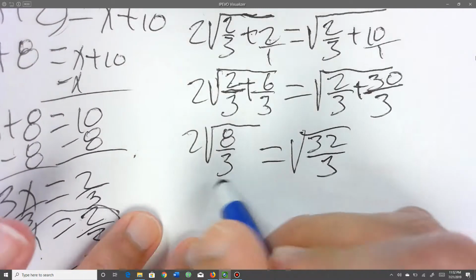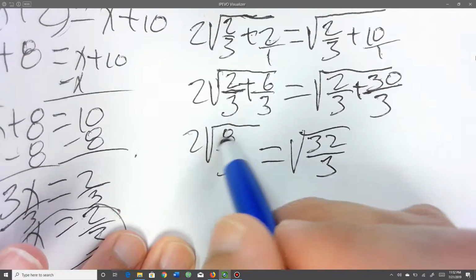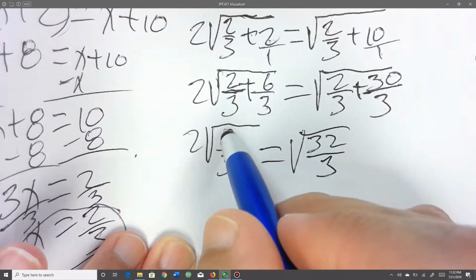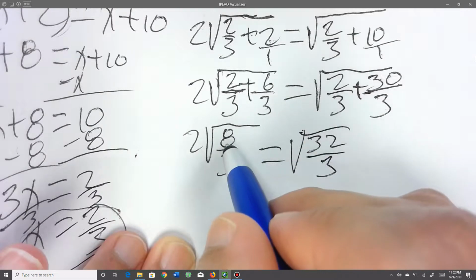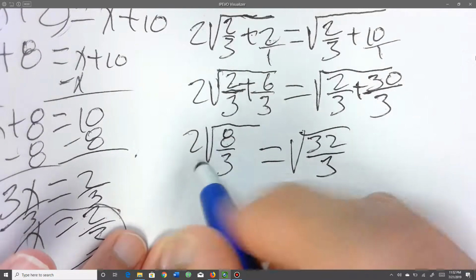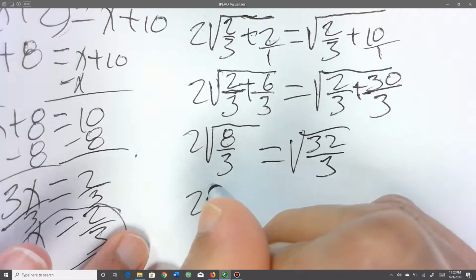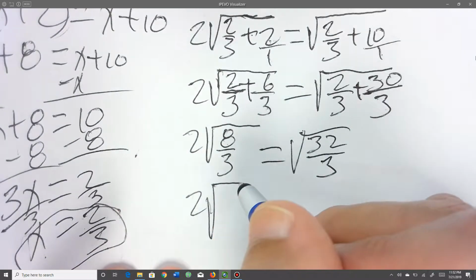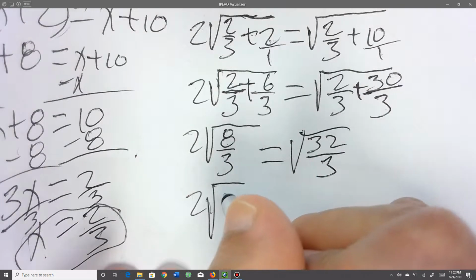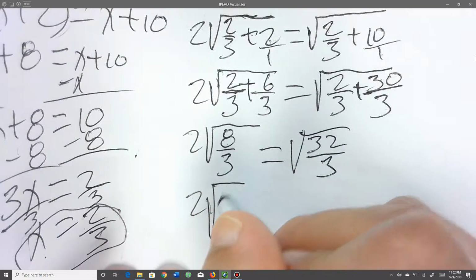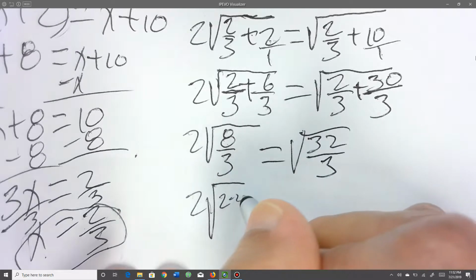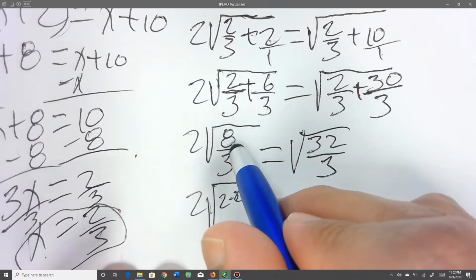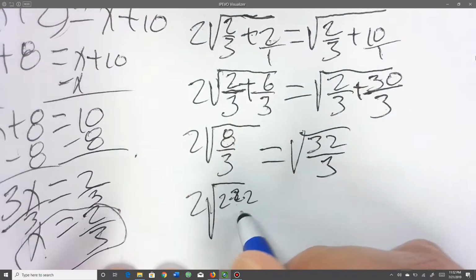Again, you can think of this as 2 separate radicals, one at the bottom, one at the top, or you can just simplify inside. I'm rewriting that 2. I'm going to leave them inside. I'm going to simplify here because I know that the factors of 8 are 2 times 2 times 2 over 3.